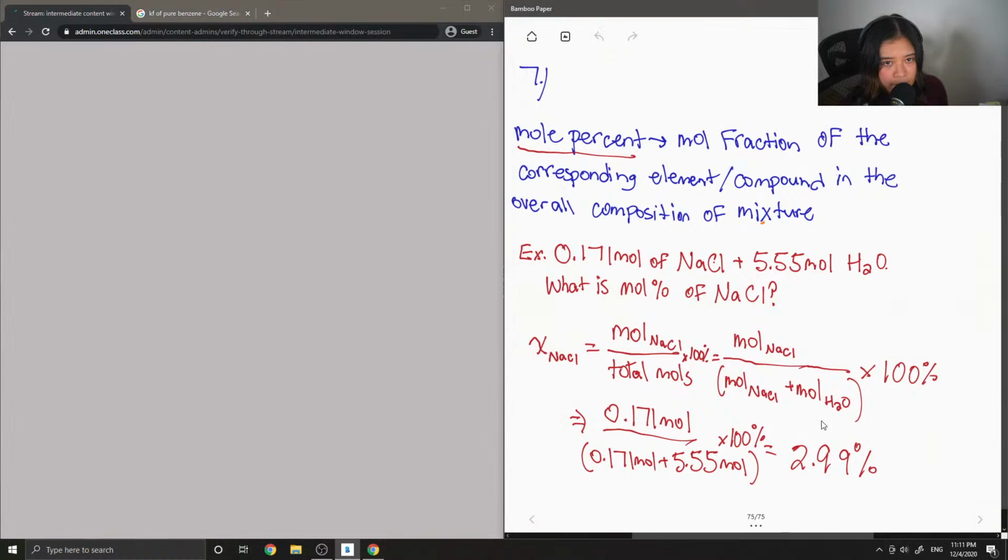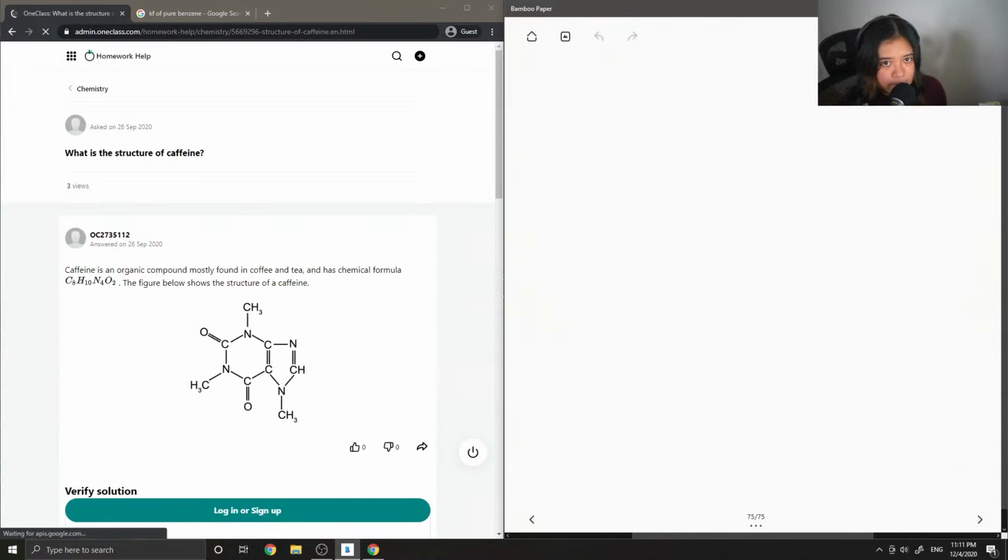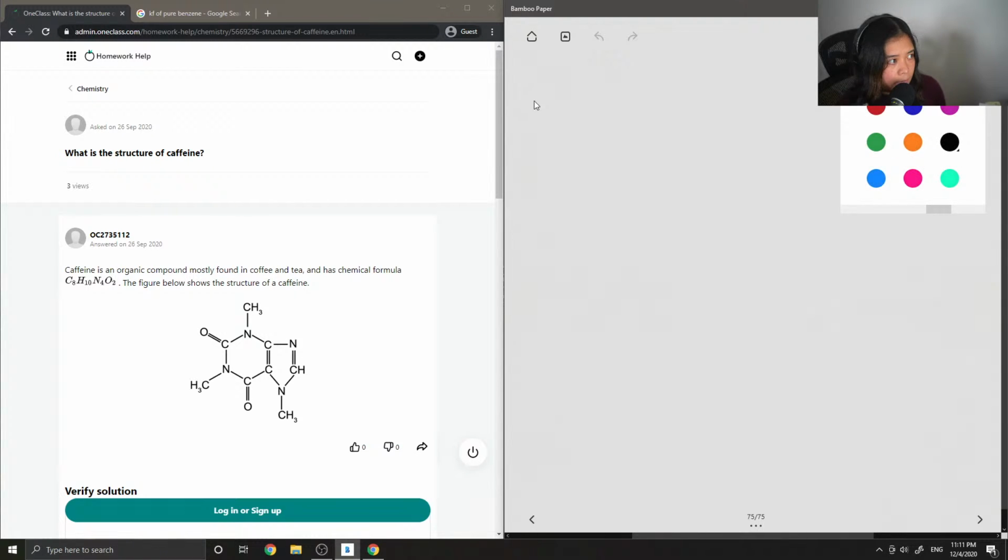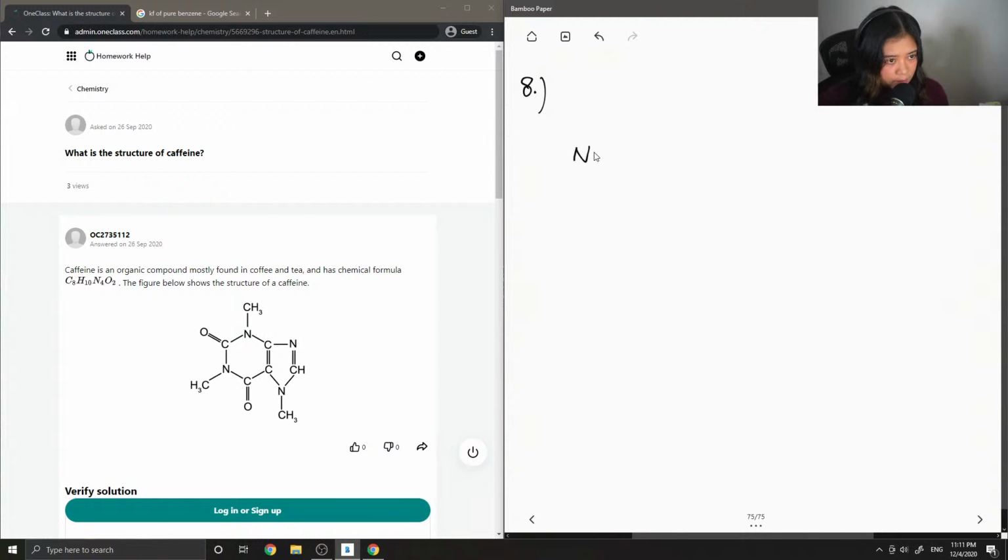And I think we have time for one more question, which just asks, what is the structure of caffeine? So caffeine is multi-membered rings that are fused together.